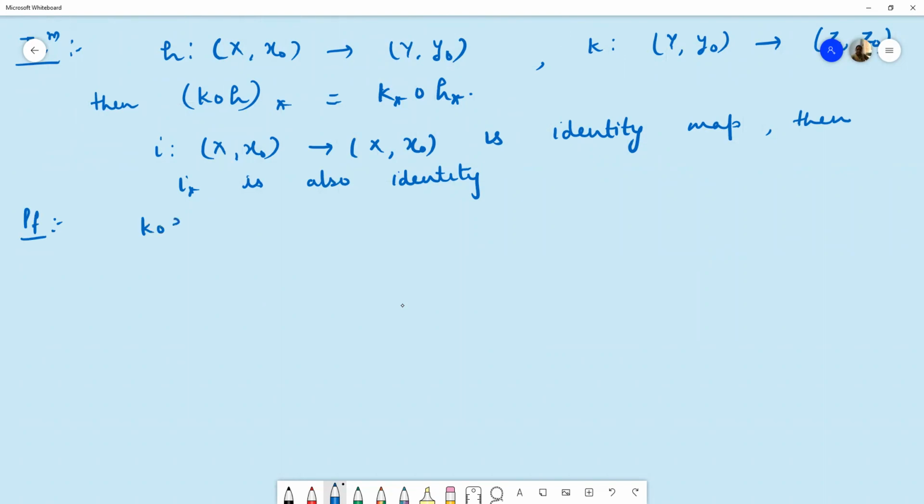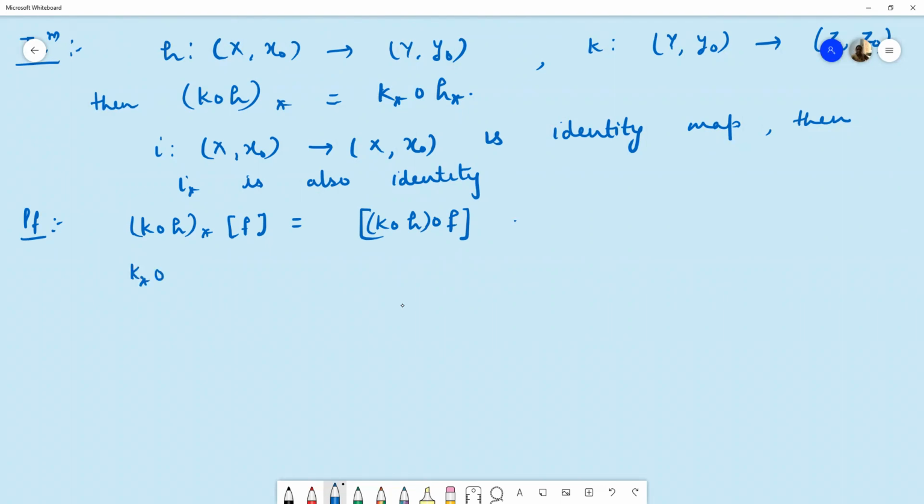Because (K∘H)* at the homotopy class of F, by definition, is the homotopy class of K∘H∘F. And by associativity we can say, or we come to the right hand side.